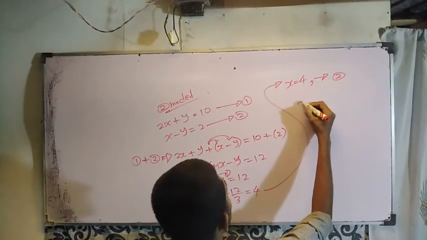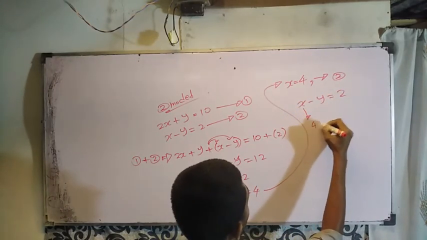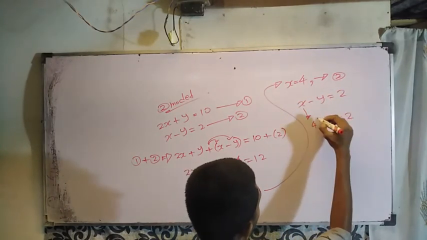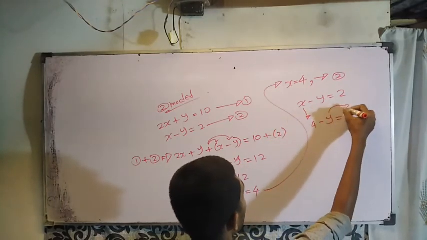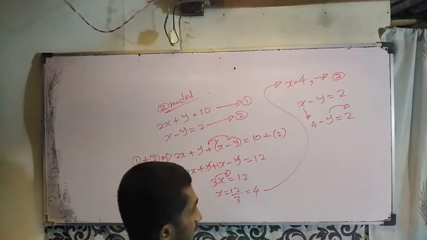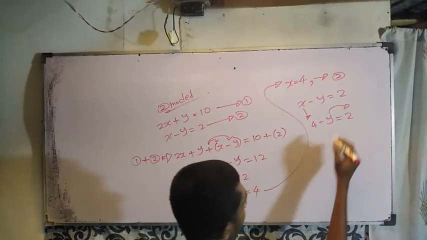Now x minus y is equal to 2. Substituting x as 4, 4 minus y is equal to 2. Now, according to this, you have to move minus y from this side to the other side. It is different from the previous one.